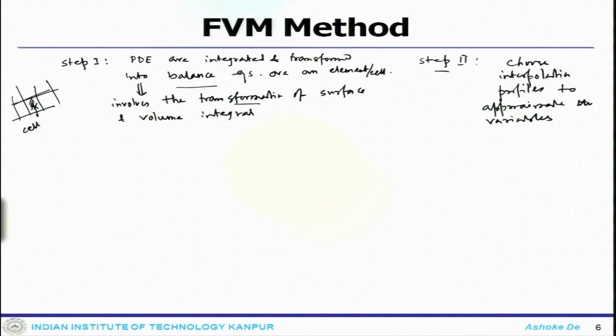I have a set of governing equations and I transform that, and while doing that I transform both my surface and volume integral. In the second step, some interpolation profiles are chosen to approximate the variation of variables over elements.